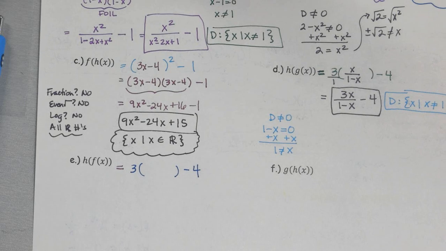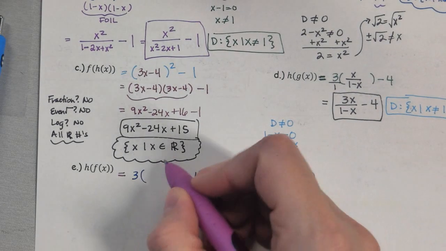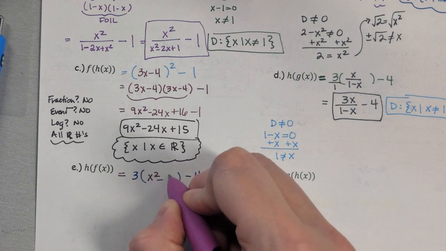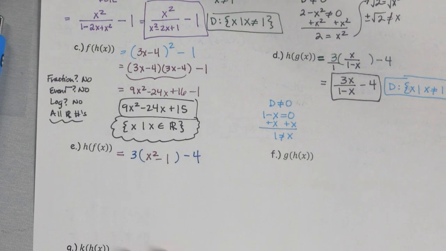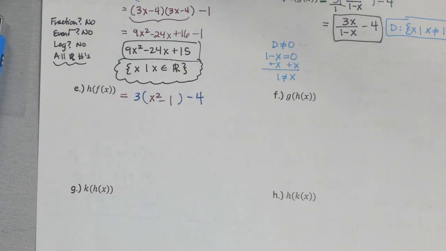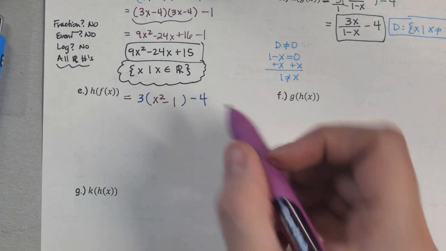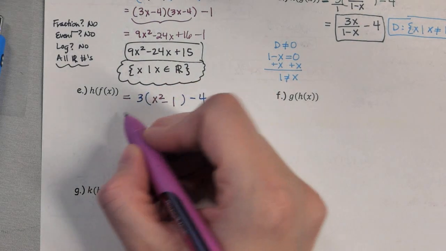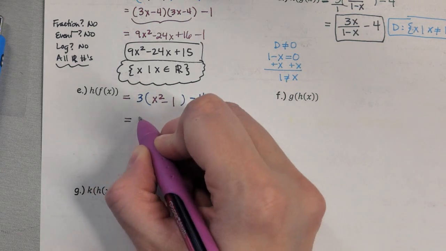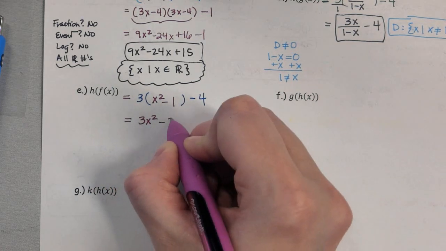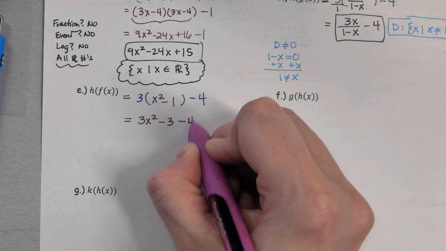Some of you might be feeling more confident now, and you might want to plug it in as you go, just like you would with a number. You can decide. Now when you simplify, if there's a number on the outside, you do have to distribute. So you should have 3x squared minus 3. This minus 4 is just at the end.